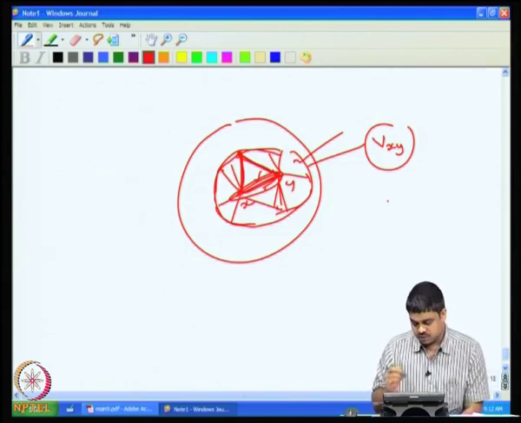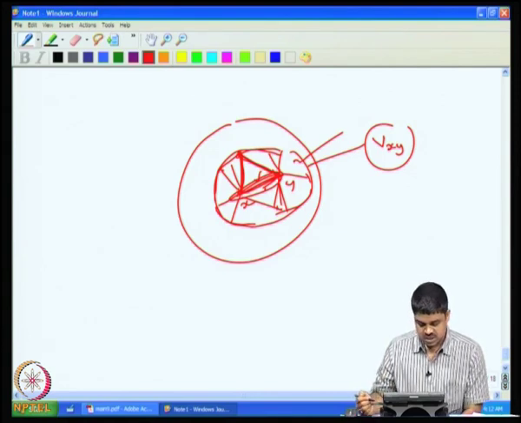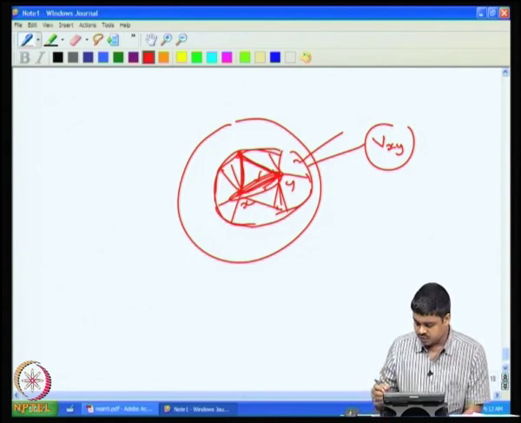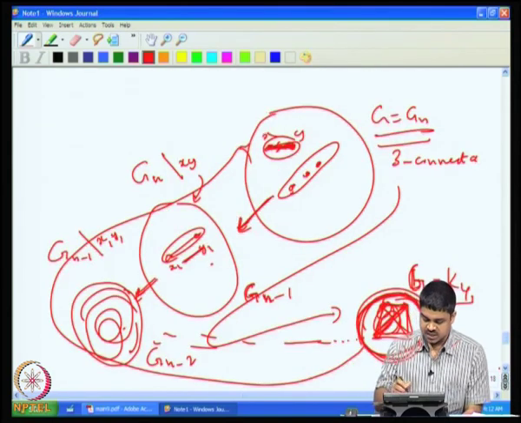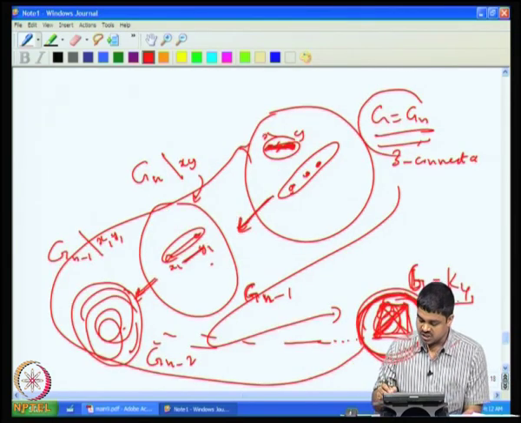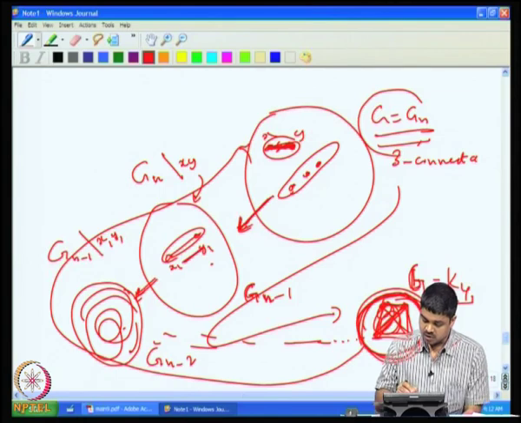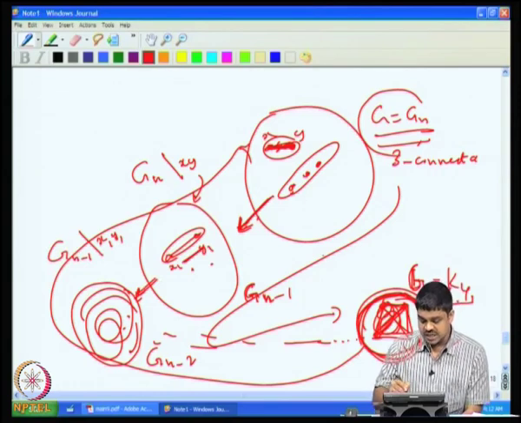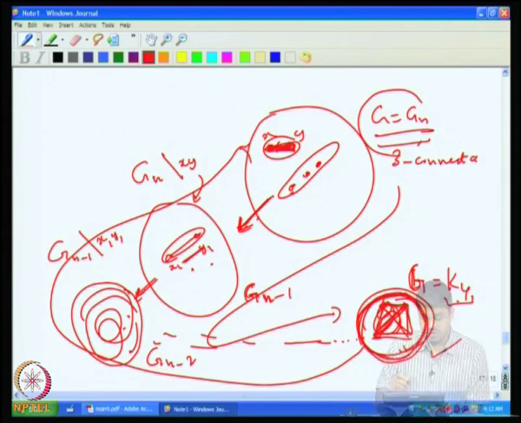So now, as you can easily understand, to prove the previous statement, at least one side, that given a 3 connected graph you can reach K4 by contracting an edge here, then another edge here, another edge here, you just have to show that in any 3 connected graph there is an edge that can be contracted so that the 3 connectivity is retained.